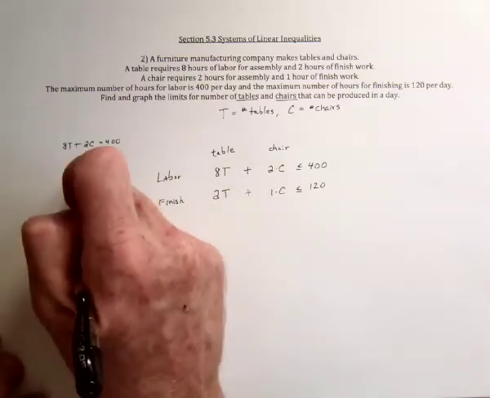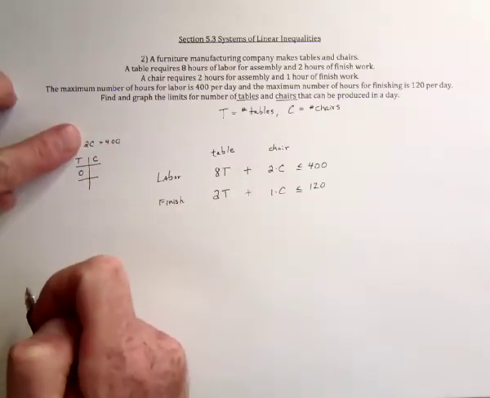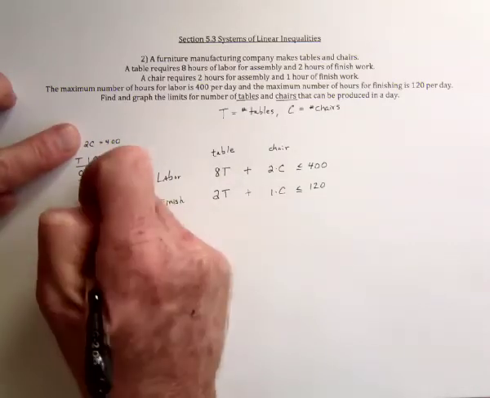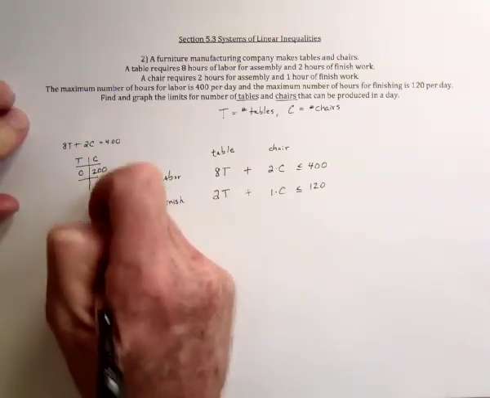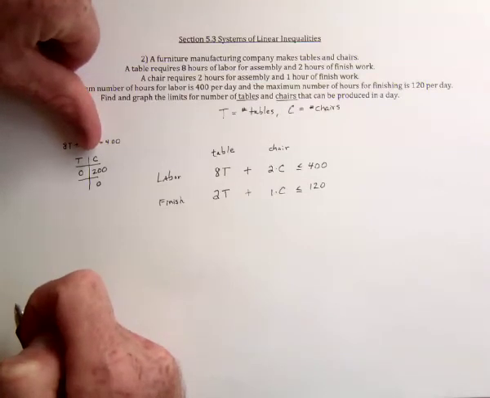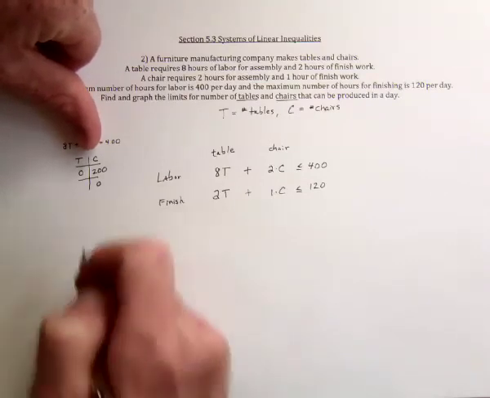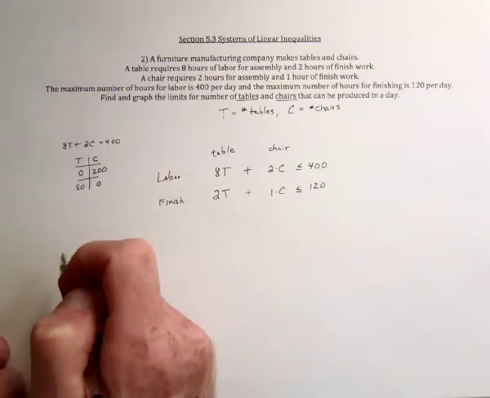For example, if t was 0 tables, then solving for c is going to be 200. And if they made 0 chairs, then dividing both sides by 8 would result in 50 for the t tables.